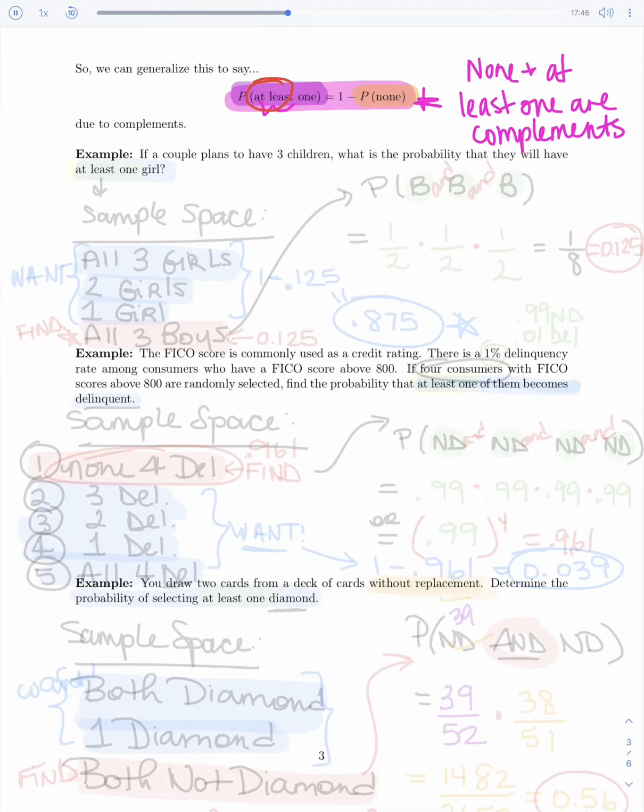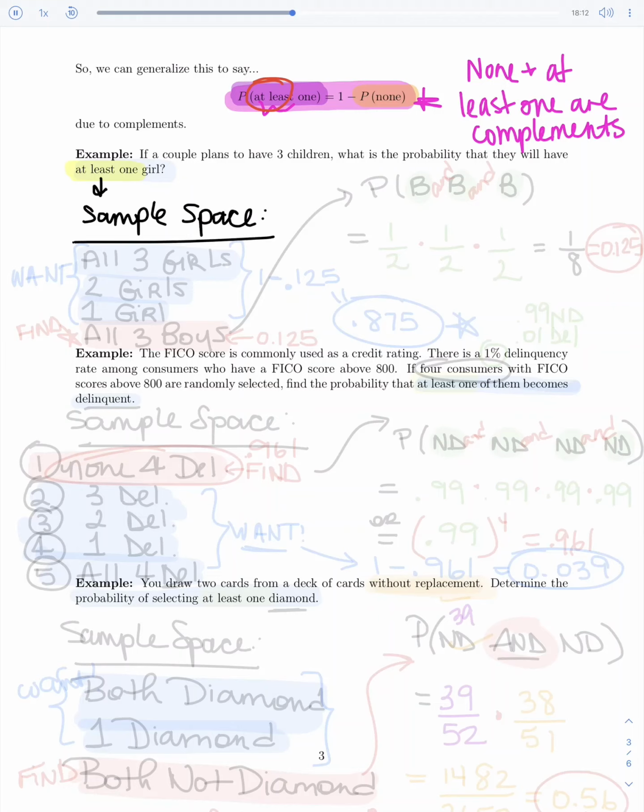The key, and what tells me that I'm going to use complements, is this one thing I'm seeing here, at least one. And if I'm going to use complements, that means I'm going to list out my sample space, meaning my list of possibilities.